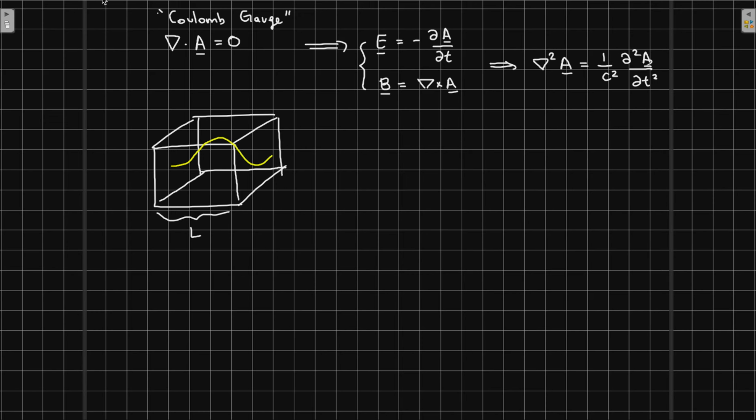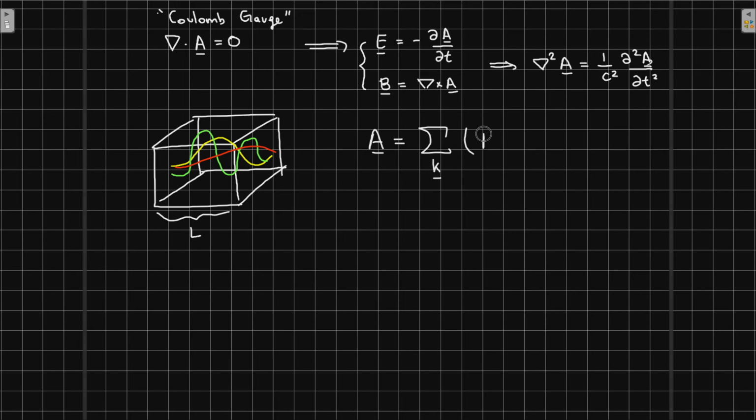Here is one wave, and then I might get another one, and finally maybe another one like this. And so I will get all these waves, and I can decompose the vector potential into waves of wave number k, and I will have waves going to the right and waves going to the left.